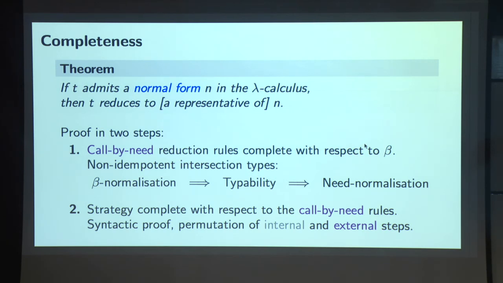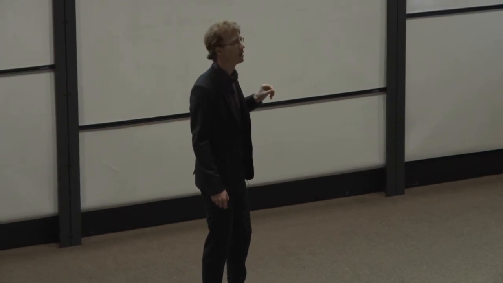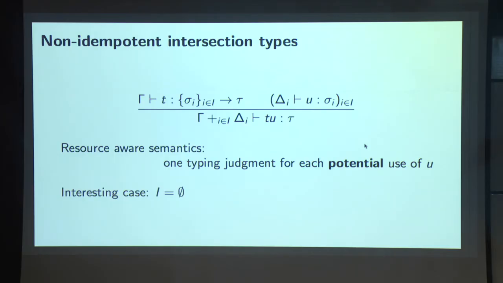What is special about these intersection types is that they are some kind of resource-aware semantics. Here are the typing rules for application, and what we can see is that it features not a sigma to tau functional type, but a multi-set of types to tau, with one type for each potential use of the variable.